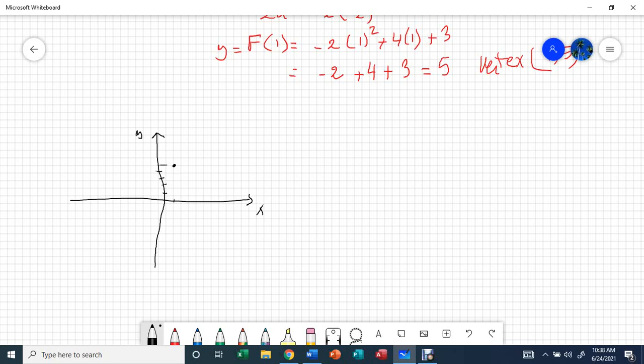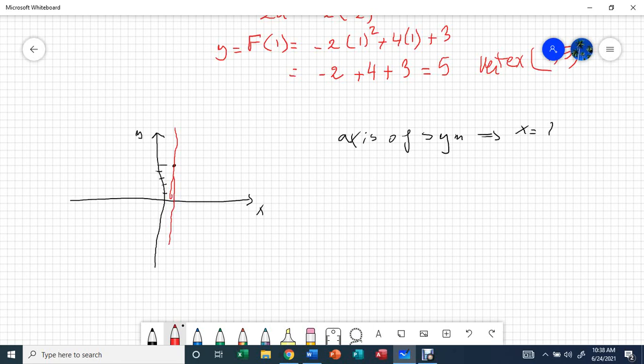And what's the axis of symmetry? The axis of symmetry is x equals 1. So let's graph the vertical line x equals 1. Yep, that's my vertical line, x equals 1.